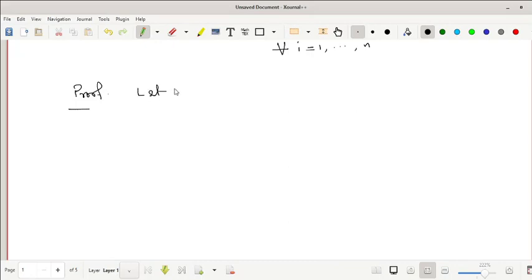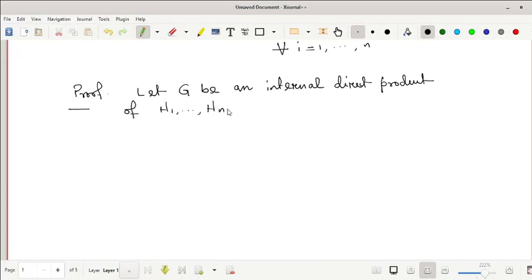Let G be an internal direct product of H1, H2, ..., Hn.